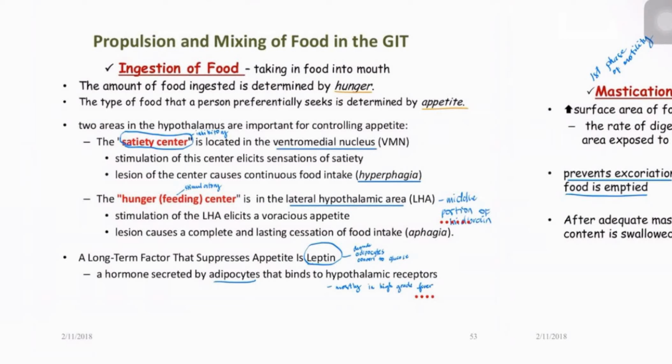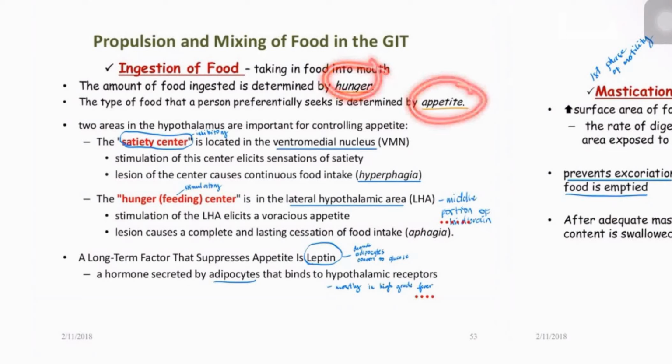So, gaano karami ang kinakain mo, it's determined by your hunger. Pero kung ano ang gusto mo, example, you prefer today a bacon, ang nagde-determine nun, it's your appetite.